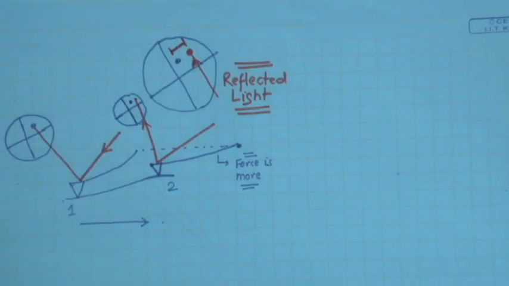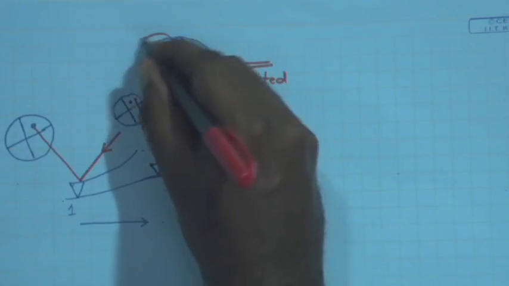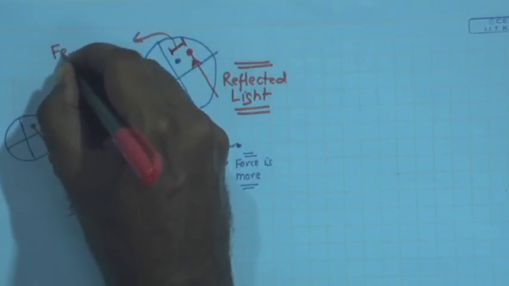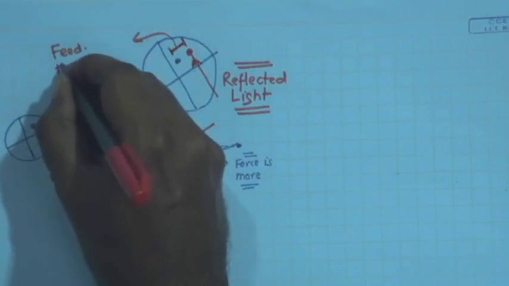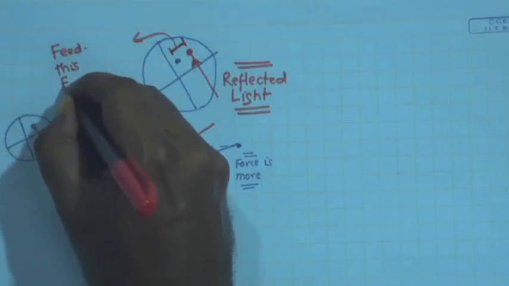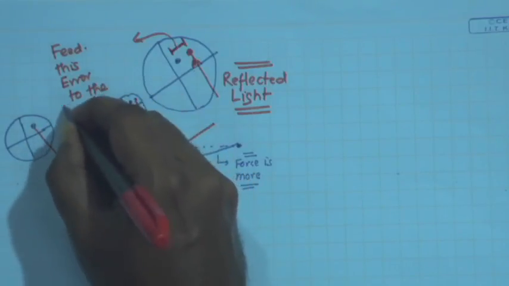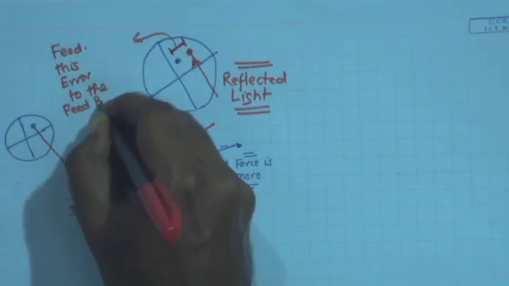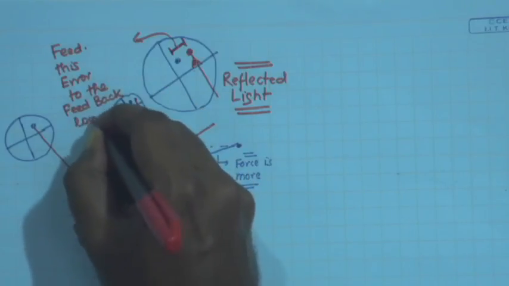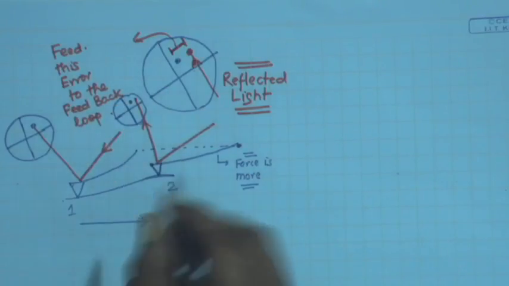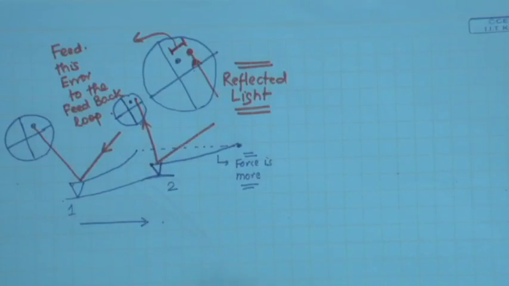Now, what do you do? You actually feed this error to the feedback loop. And what does that do? Suppose this was the configuration of the cantilever at point 1.